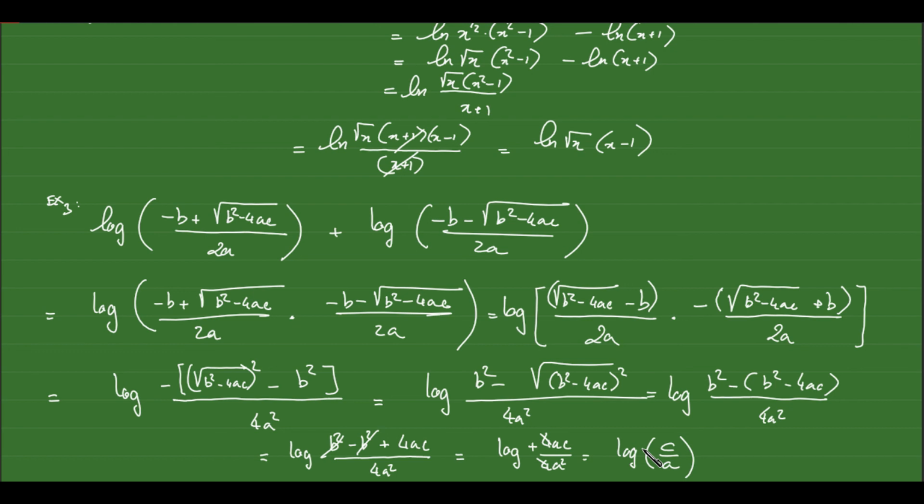On the test, I'm going to give you a problem like this, maybe something similar to example 2 or to all the examples here, and you just need to figure out what property to apply. Then you should be okay.